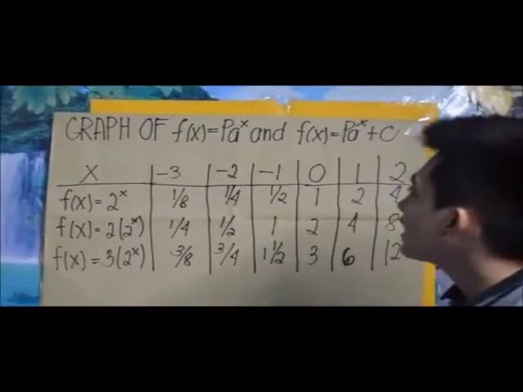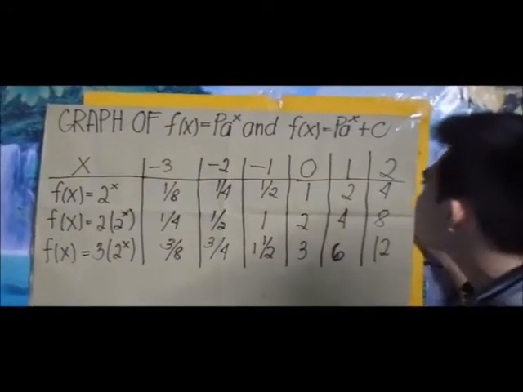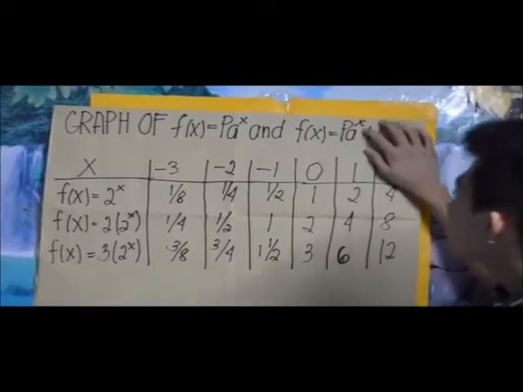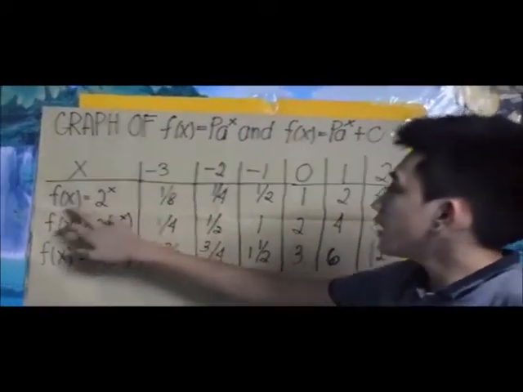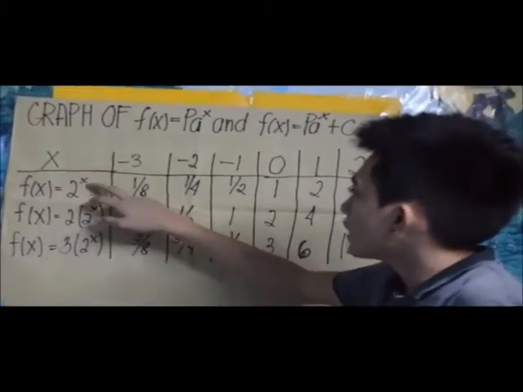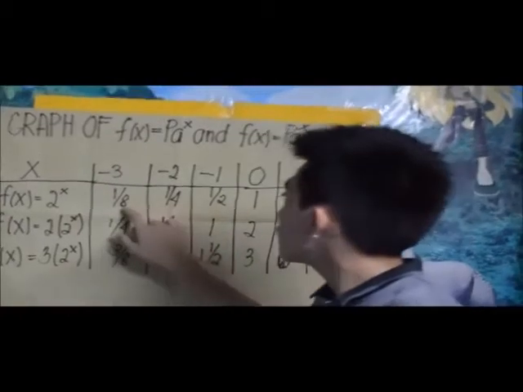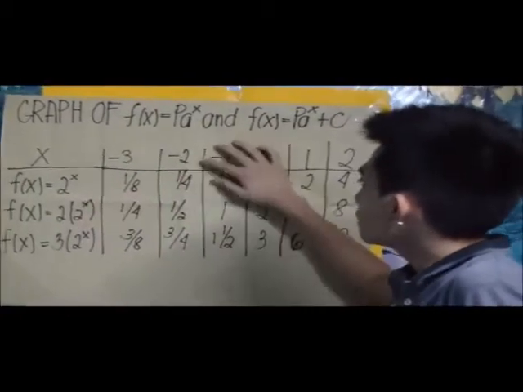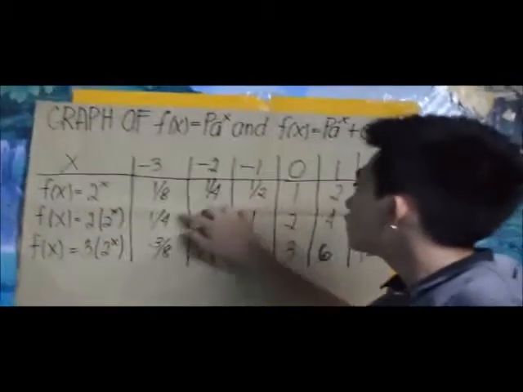Graph of f of x equals a raised to x and f of x equals a raised to x plus c. Given f of x equals 2 raised to x: for x equals negative 3 it is 1 over 8. For x equals negative 2 it is 1 over 4.